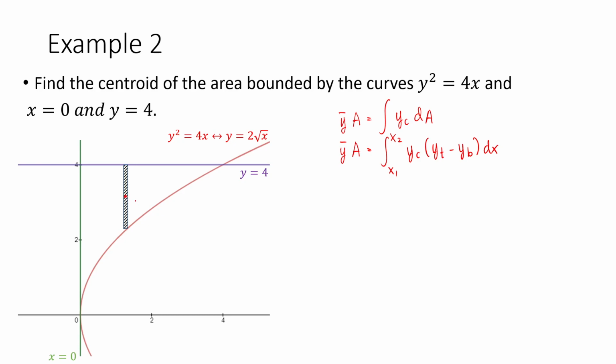So let's say this is the centroid of your differential area, and this is y sub c. So again, we're going to use the midpoint formula. So bottom portion, the red graph, plus the top portion over 2. So this is y top plus y bottom all over 2. So again, midpoint formula.